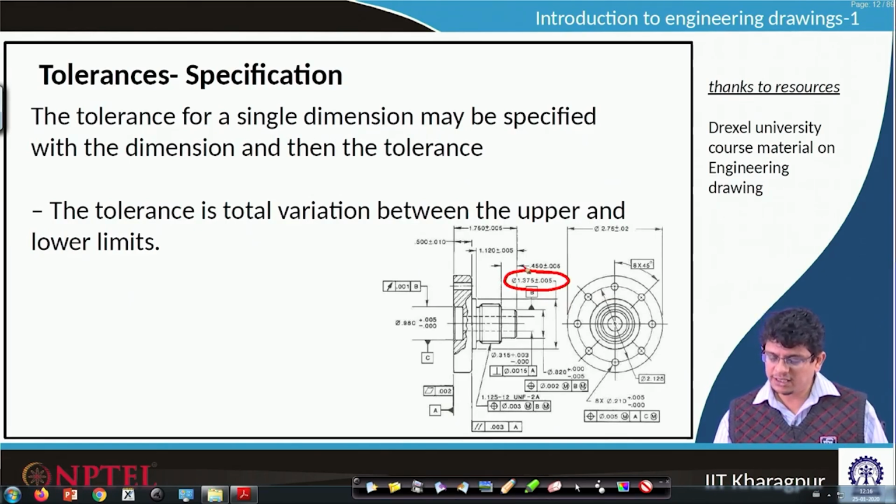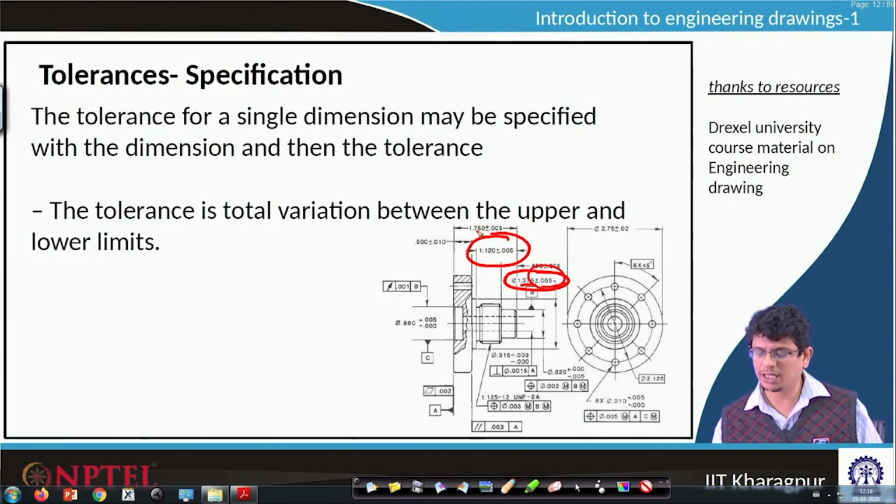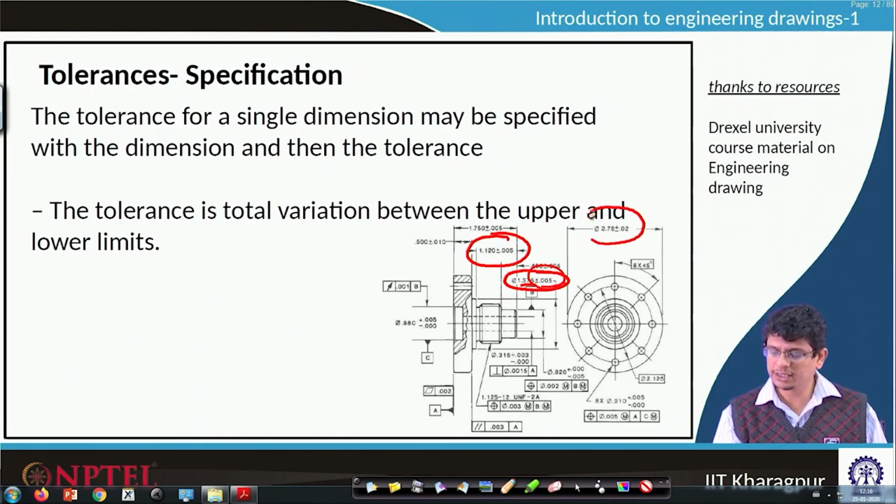We can see phi representing the diameter, 1.375 units with plus or minus 0.005 units. Similarly, let us look at this one, 1.120 plus or minus 0.005. Similarly, this diameter phi 2.75 plus or minus 0.02.